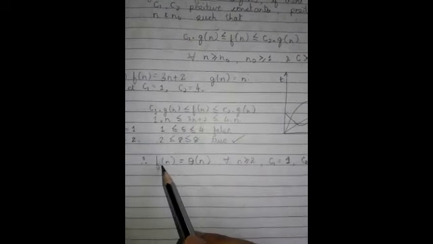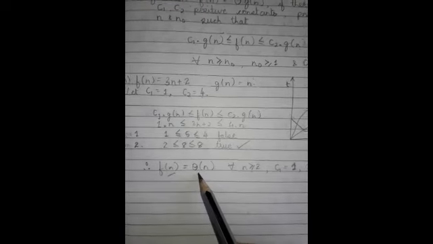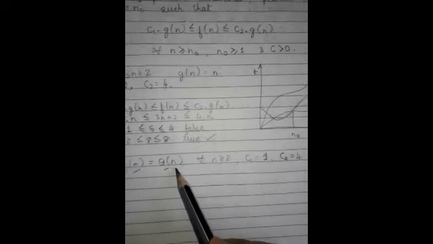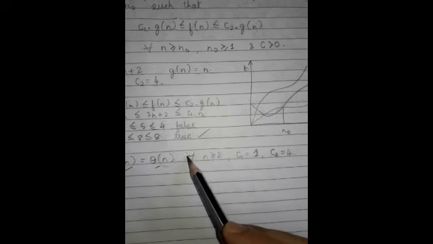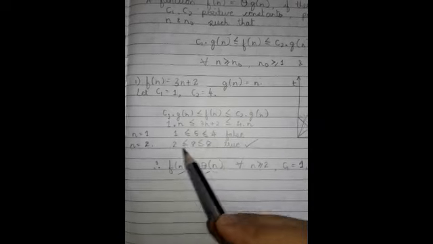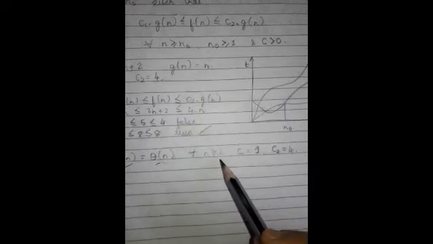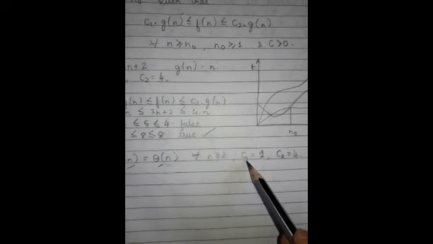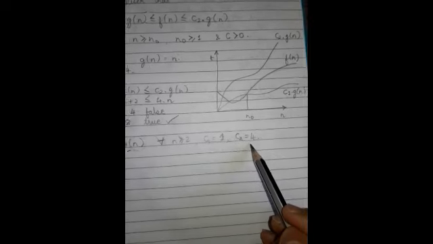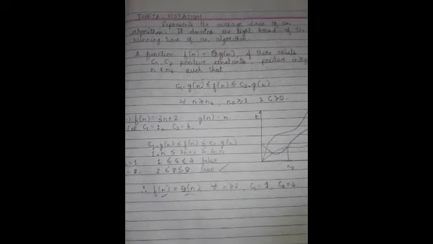Hence we can say that this function f of n is big theta of n, for all n greater than or equal to 2. We have proved this definition correct for the value n is equal to 2. Hence it is n greater than or equal to 2, c1 is equal to 1 and c2 is equal to 4. So this was about all the asymptotic notations.